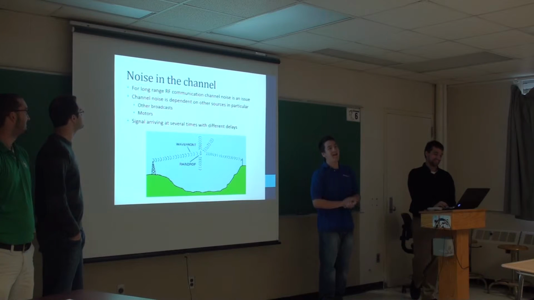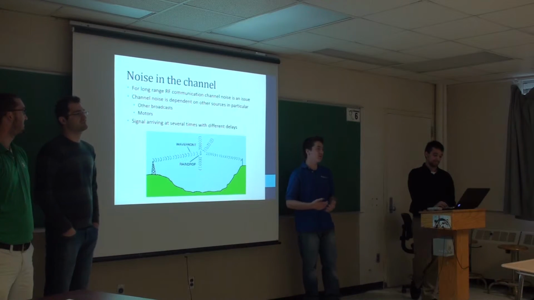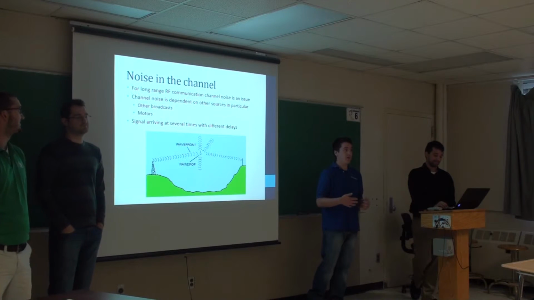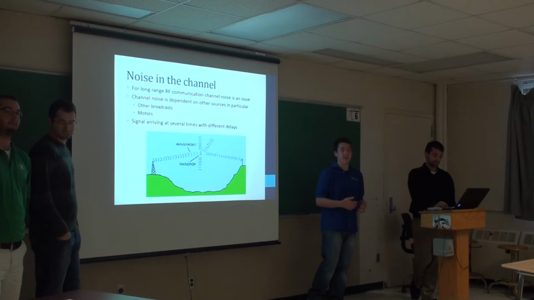And then even just beyond noise a little bit, you have other interference issues. So other broadcasts are going to interfere with your signal as well. And even your own signal can kind of interfere with itself.